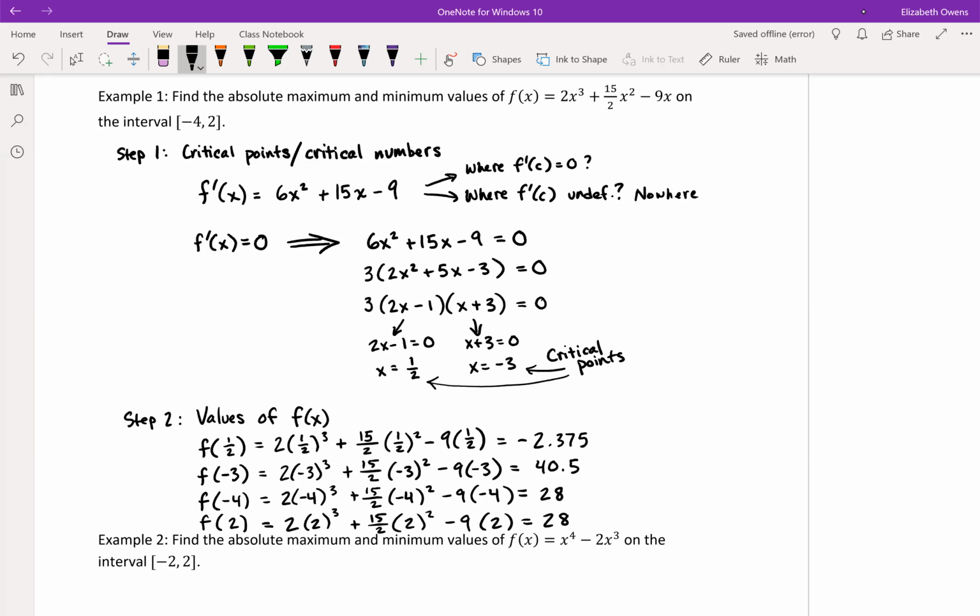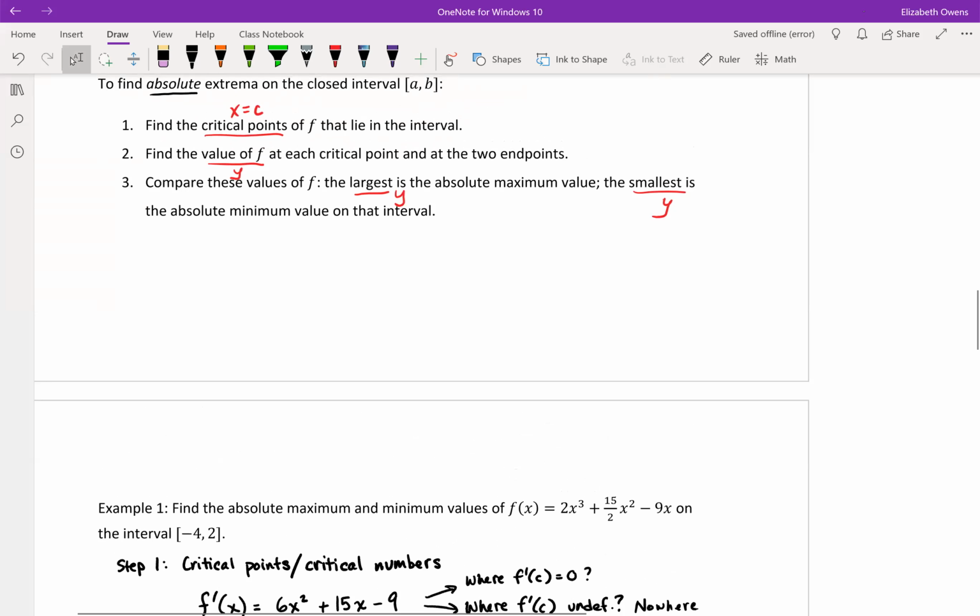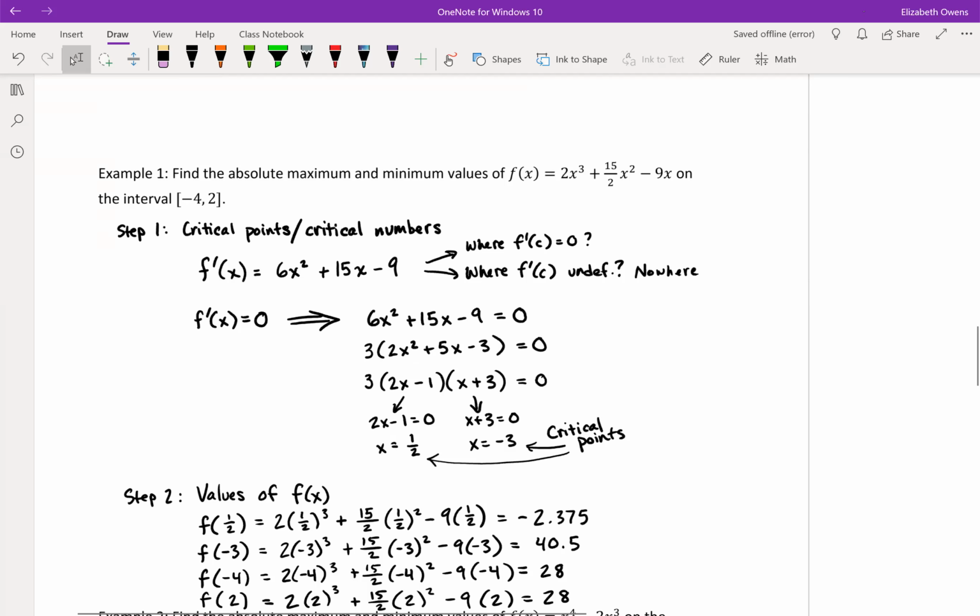So that's step 2. We've got some y values here. Step 3, our last step, is to look at those y values and pick out the largest and smallest ones. So the largest would be your absolute maximum for the interval. The smallest would be your absolute minimum for the interval.